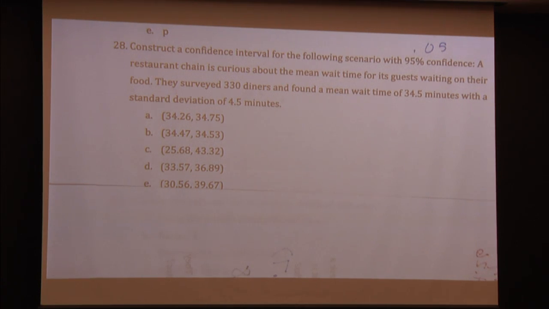So what formula do we use for constructing a confidence interval for a mean? What does that formula look like?